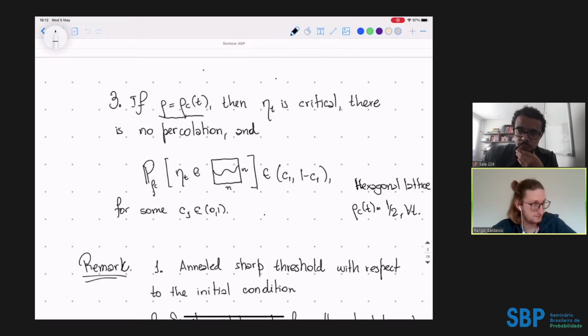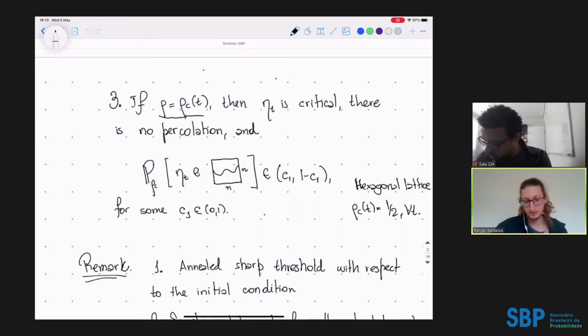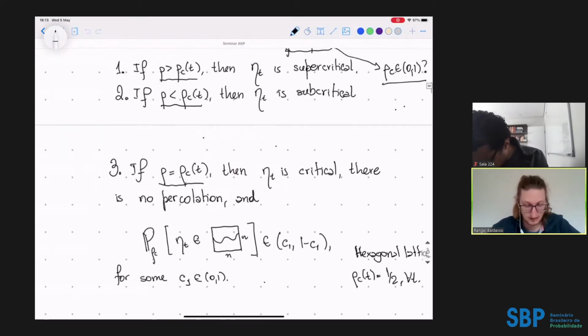The hexagonal lattice is very special because you have this symmetry, and if you increase or decrease the critical threshold, then you would have a whole interval where you don't have percolation of either the -1 sites or the +1 sites, and that cannot happen, precisely because of our sharp threshold result here.